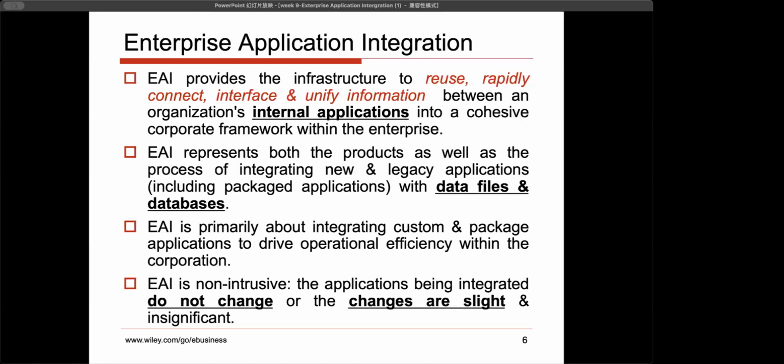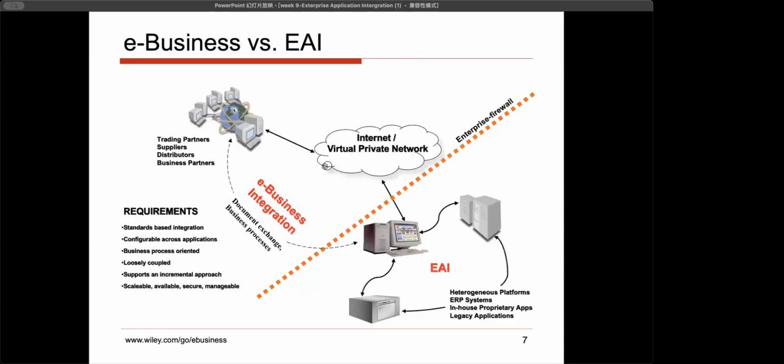The applications being integrated do not change, or the changes are slight and insignificant. Normally, they will just connect the APIs together. No big changes here. This is a comparison between e-business and the EAI system. Like I said, the Amazon online platform is e-business. However, the e-student system is EAI.